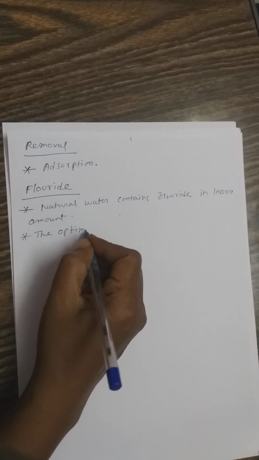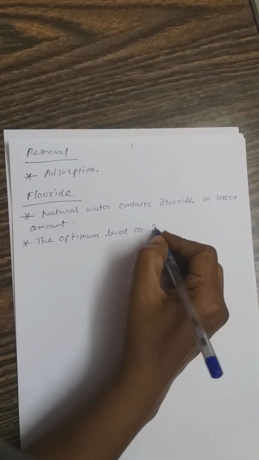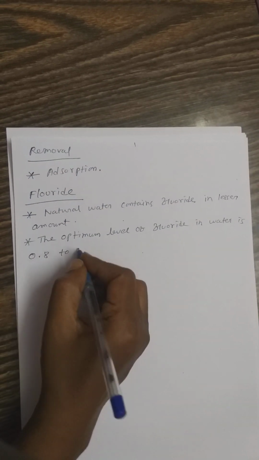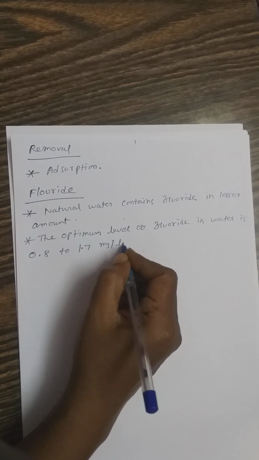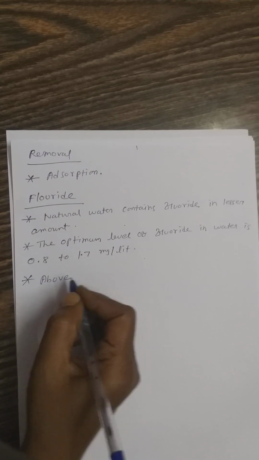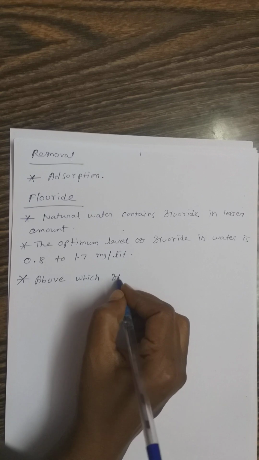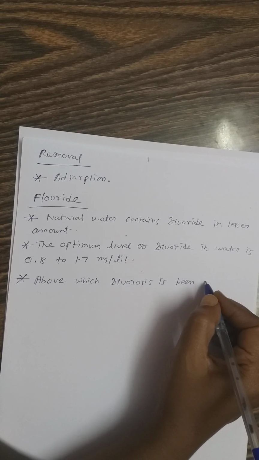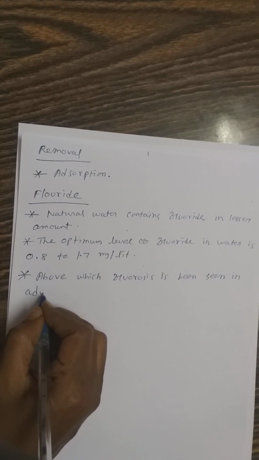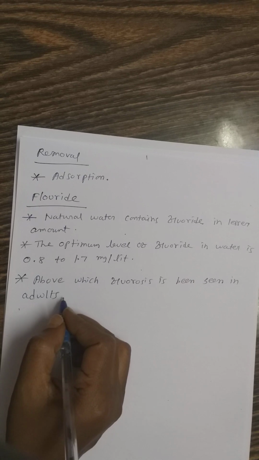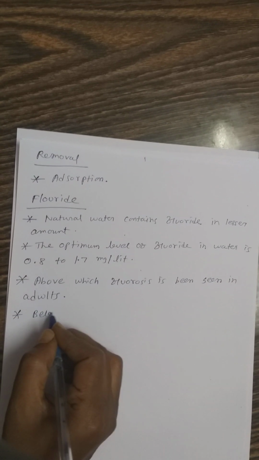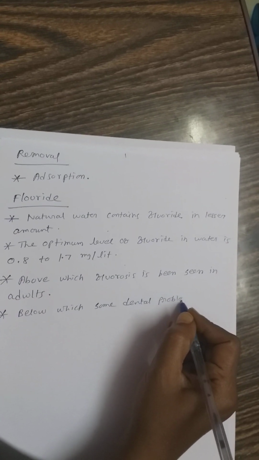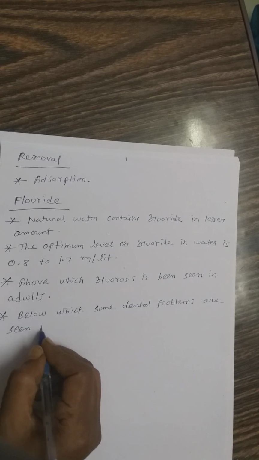The optimum level of fluoride in water is 0.8 to 1.7 milligram per liter, above which fluorosis has been seen in adults, below which some dental problems are seen in children.